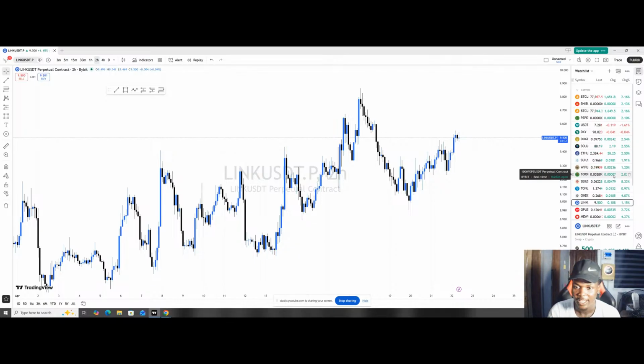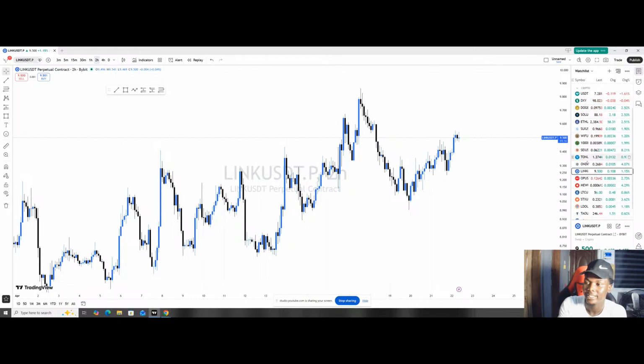I want to actually track my growth, and I want to just focus on a particular set of pairs. There are thousands of crypto pairs you can trade from, but I just pick these pairs to trade and track my progress, so I don't really need many pairs to trade from.